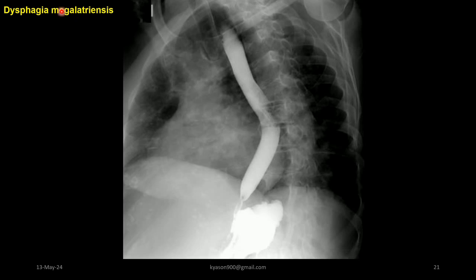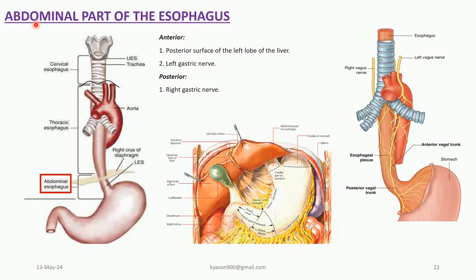Okay, enlarged left atrium resulting in difficulties in swallowing. So that's a complication that can come in if the left atrium expands abnormally in cases of mitral valve stenosis.